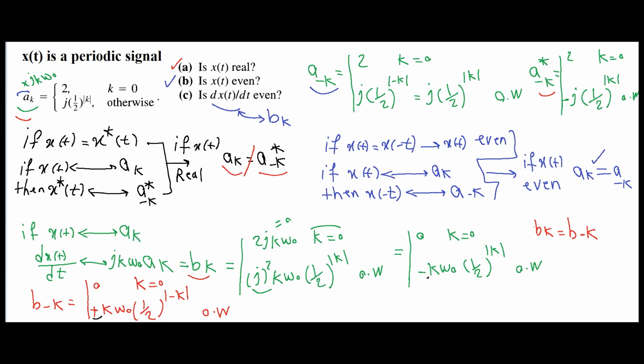Because of the sign difference, these two are not equal. So we conclude the derivative is not an even signal. Final summary: the signal is not real, the signal is even, and the derivative is not even.